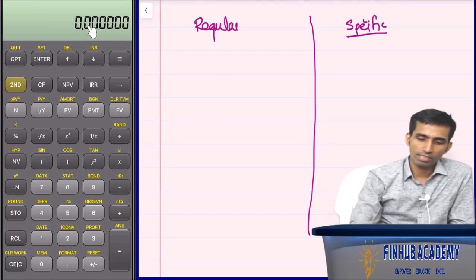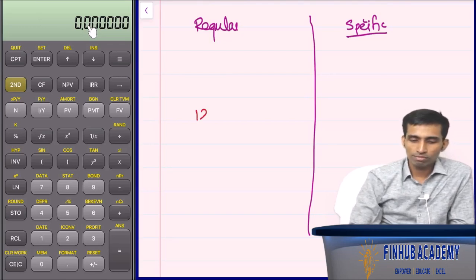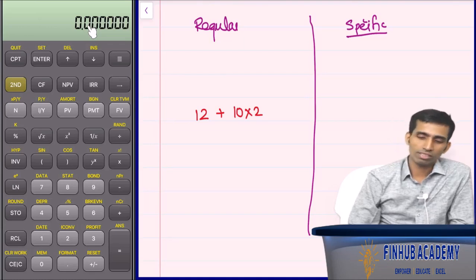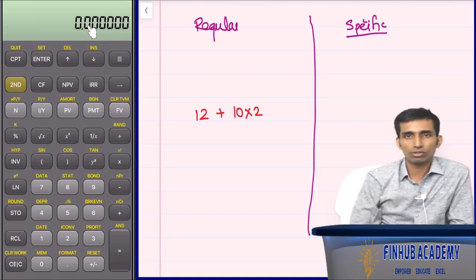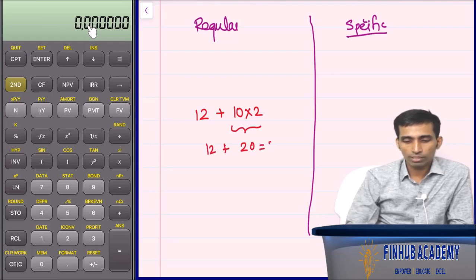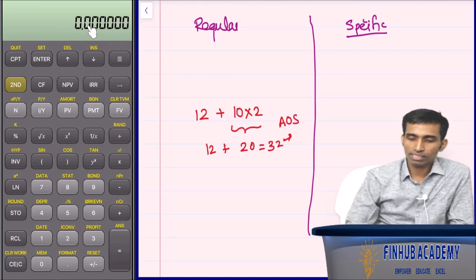Let's say if I ask you 12 plus 10 into 2, there can be two answers for this. One is according to the BODMAS rule, the arithmetic operating system. First you should do this, that is 20, and then you will add 12, so you'll get 32. Correct? This is according to the arithmetic operating system.